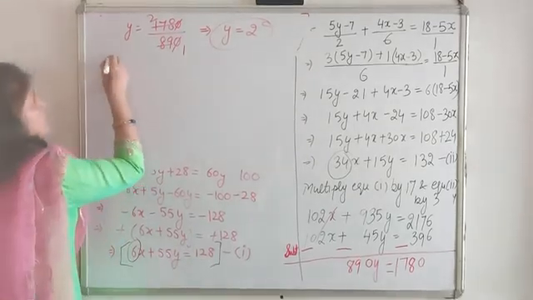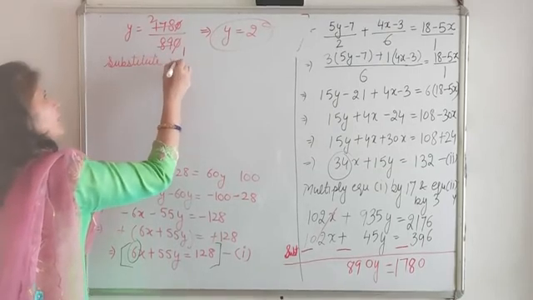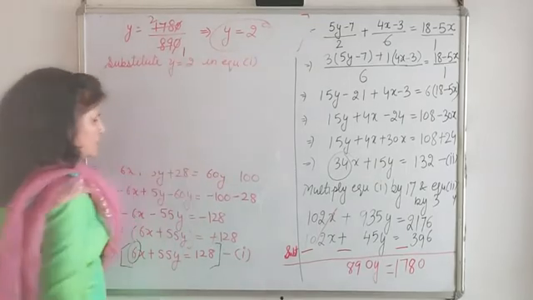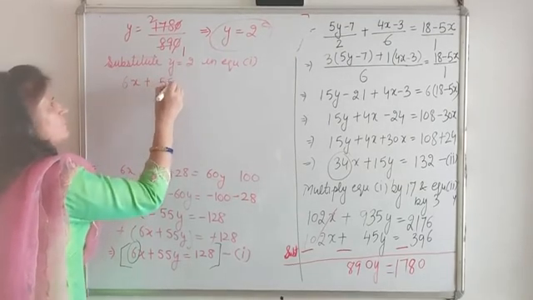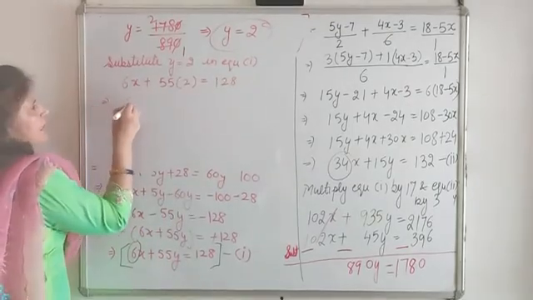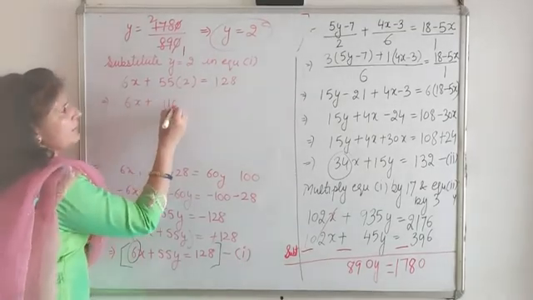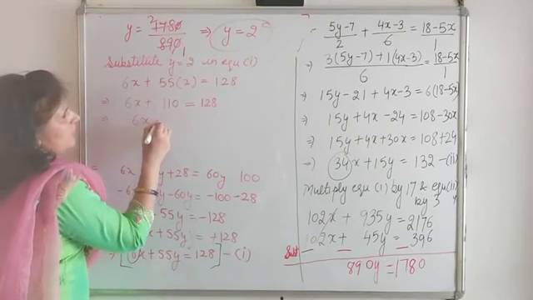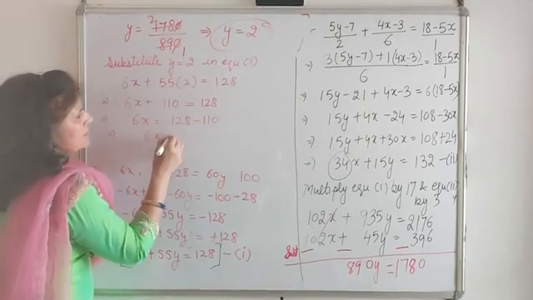Substitute Y is equal to 2 in equation first. 6x plus 55 into 2 is 128. 6x, when you multiply 55 with 2, what you will get? 110. 128 minus 110. 6x is 18.